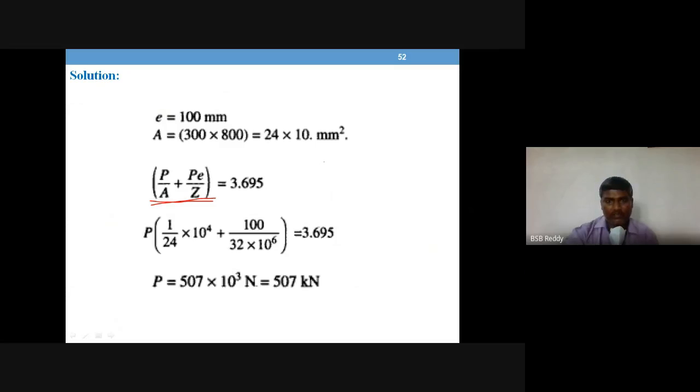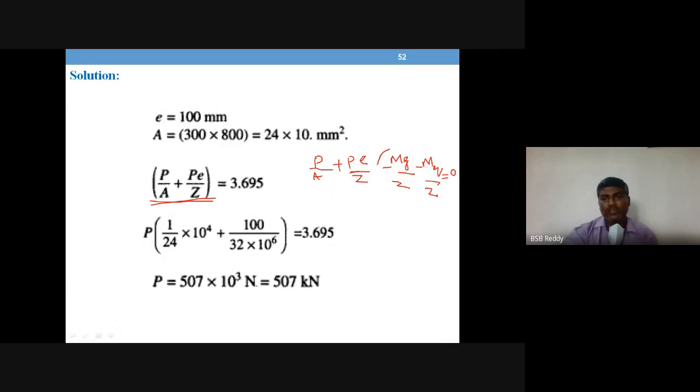Okay, so this came from P by A plus PE by Z, minus MG by Z, minus MQ by Z is equal to 0.